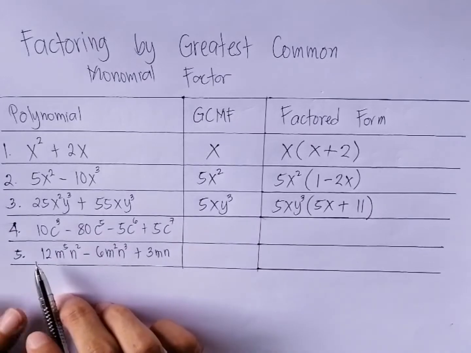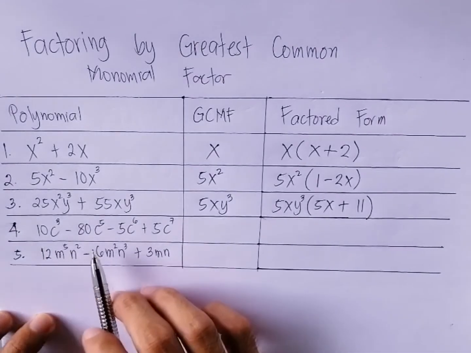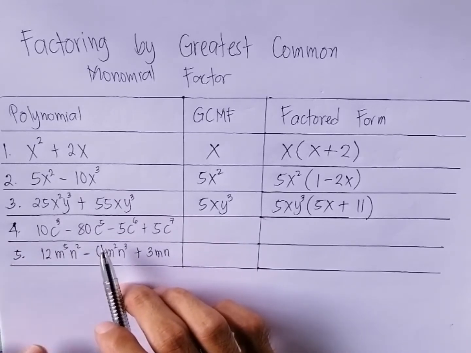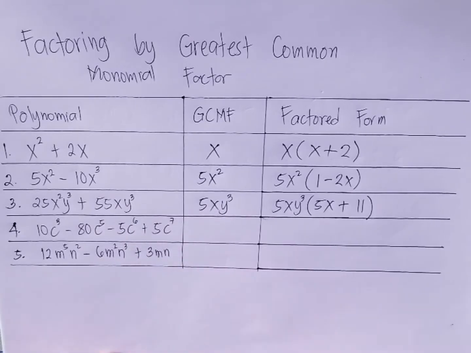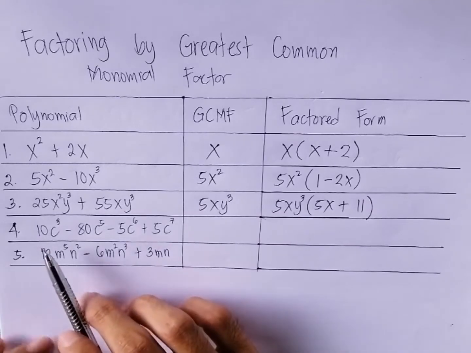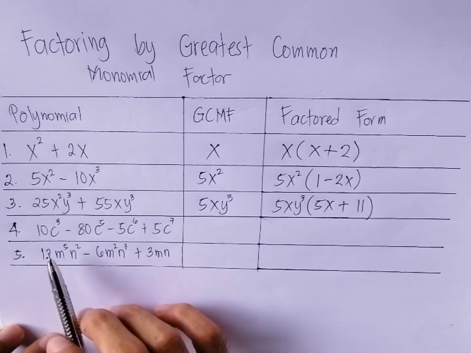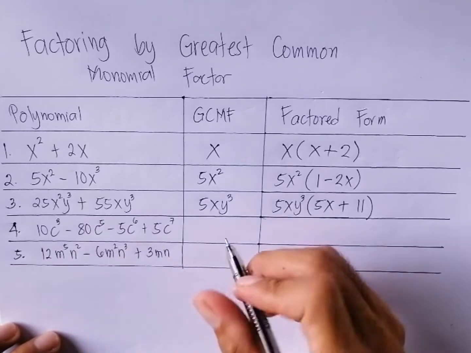For number 4, 10c cubed minus 80c raised to the power of 5 minus 5c raised to 6 plus 5c raised to 7. So for the numerical coefficient, the greatest common factor of 10, 80, and 5 is 5.